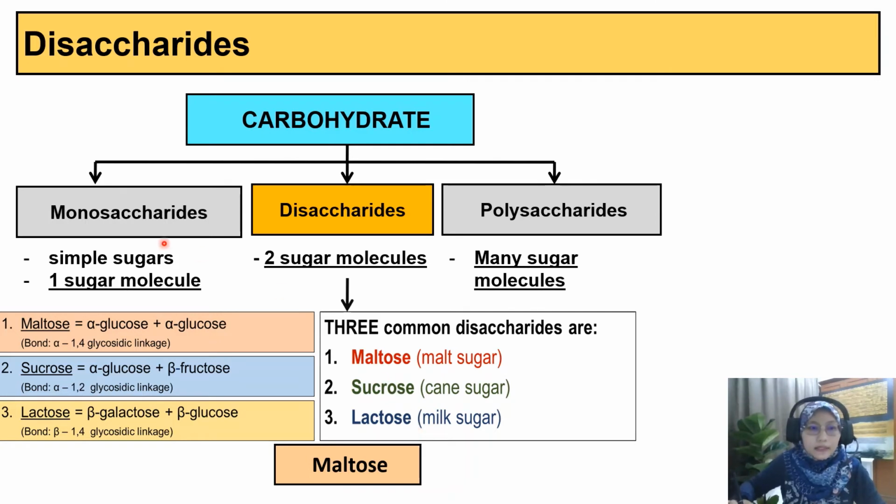Maltose is made up of alpha-glucose monomer plus alpha-glucose monomer, sucrose from alpha-glucose and beta-fructose, while lactose is a combination of beta-galactose and beta-glucose. So, after this, we will be focusing on maltose.